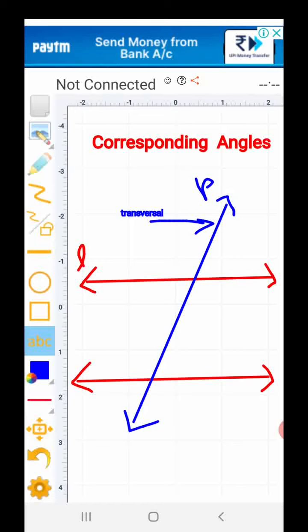First we see the right side of the transversal. Right side means this side.